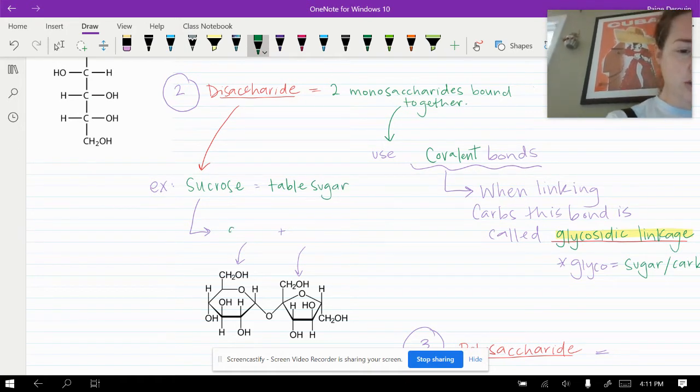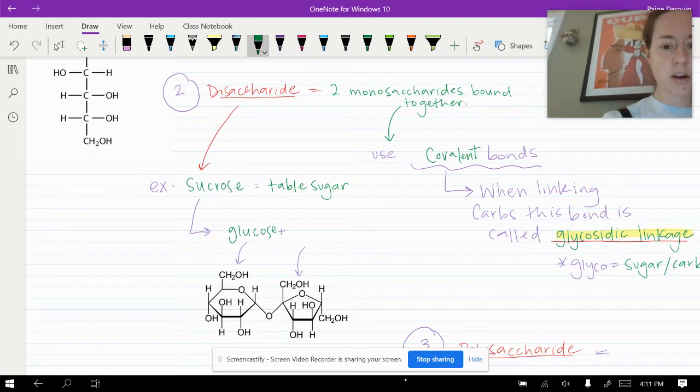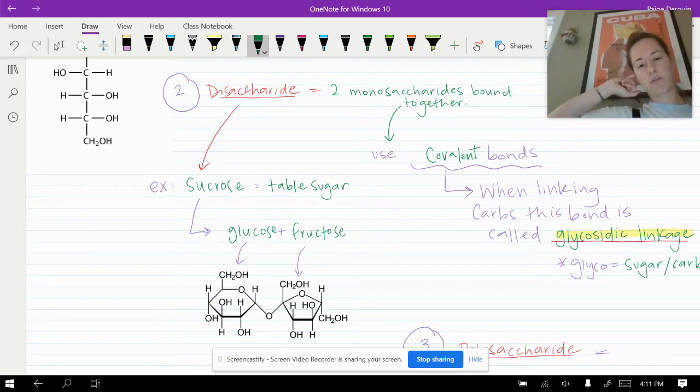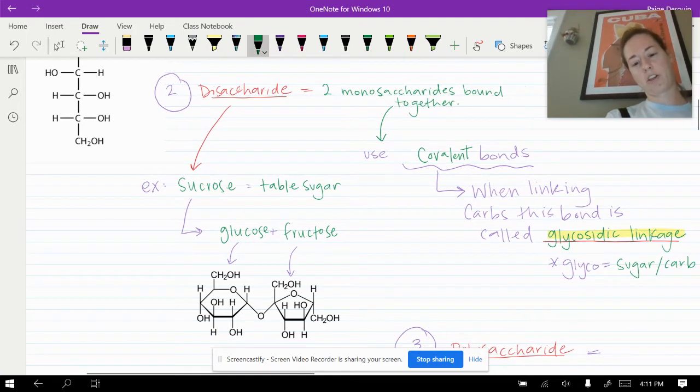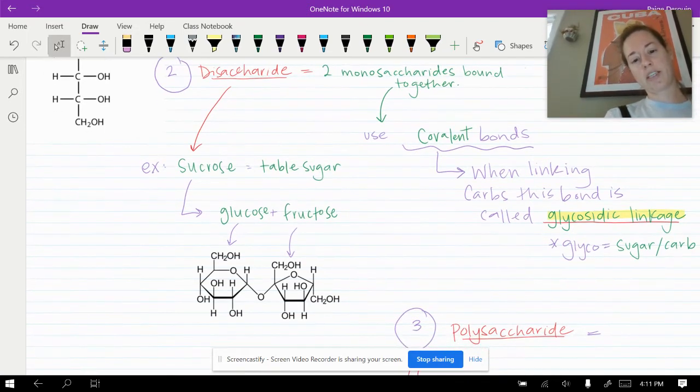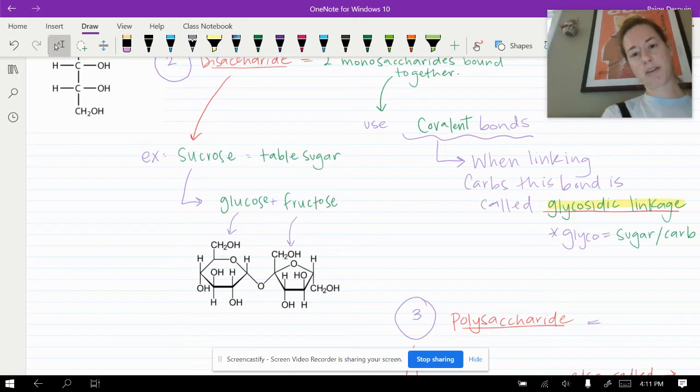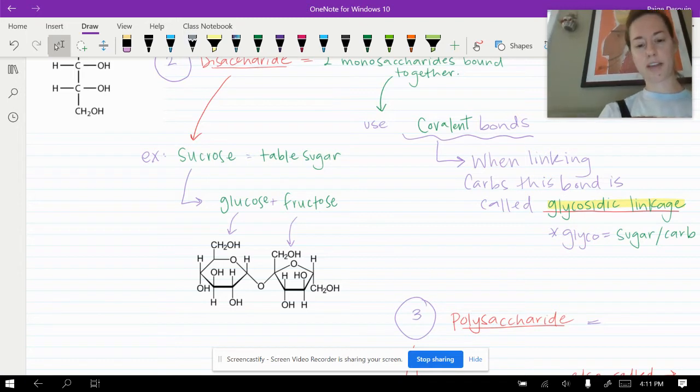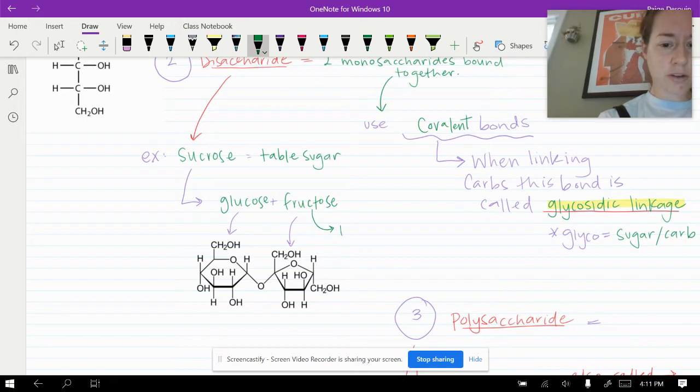Sucrose is a glucose bound together with a fructose. You can see here that glucose and fructose look super similar. They're just very slightly different, and what's actually different about them is the arrangement of the atoms. And fructose is also the sugar that's found in fruit.